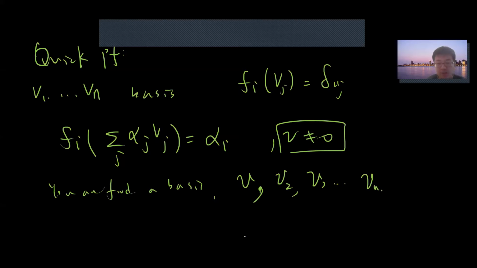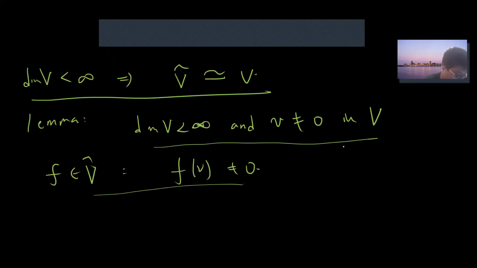Then you can take V1 hat, the dual basis element corresponding to v, which acts on v. By construction, V1 hat acting on v should be 1. So this is just a proof, almost trivial.